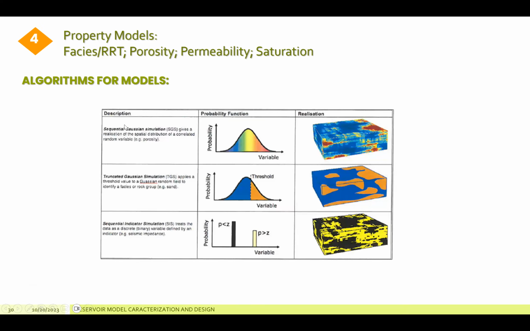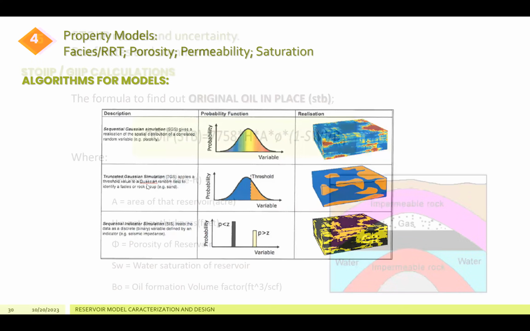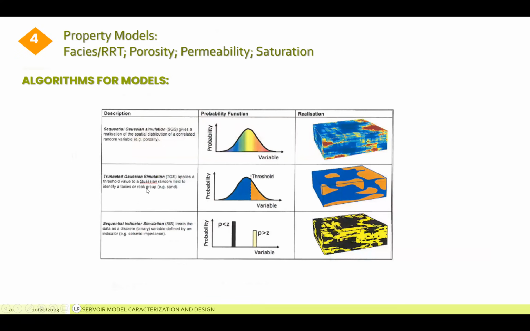Some algorithms that you can use: basically, Petrel uses sequential Gaussian simulation for porosity, and this gives a realization that can be correlated with a random variable. Then you have truncated Gaussian simulation, which is also great for getting sands and clays, but you don't apply this so much except to facies or rock type groups.